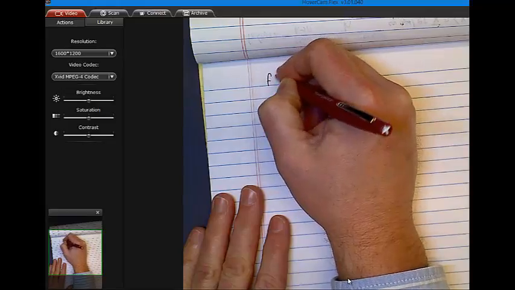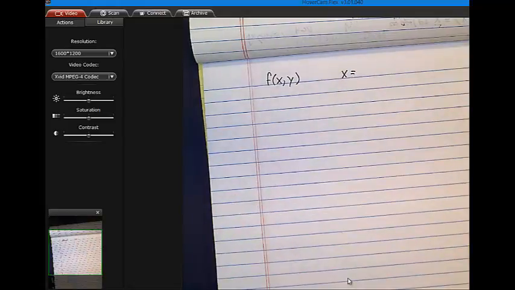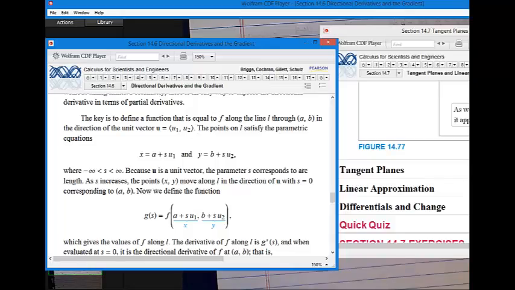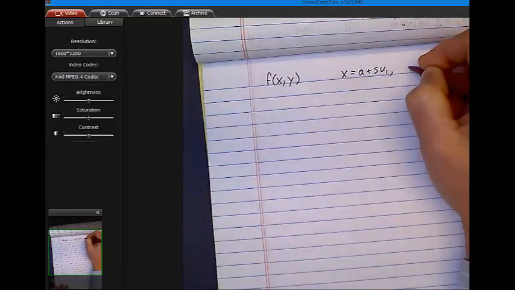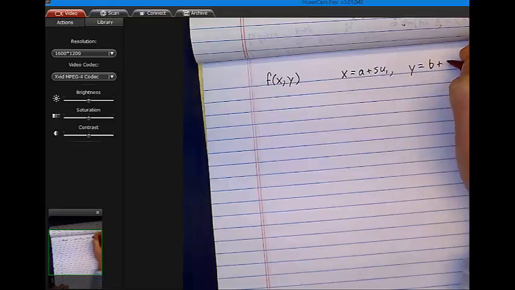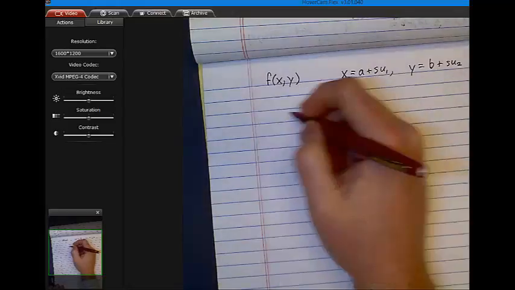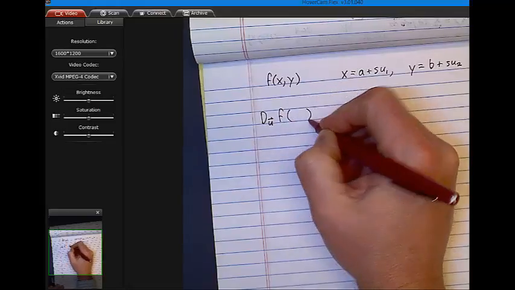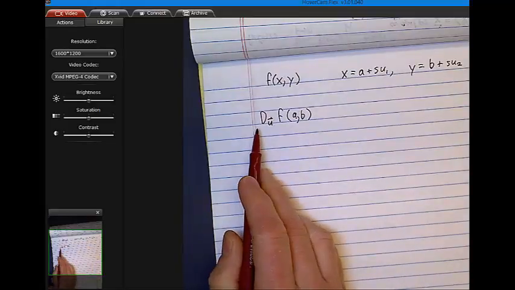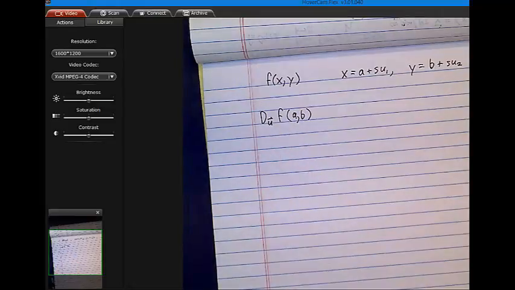Again, I have a function of x and y, but we're saying that x is a plus s u1, and y is b plus s u2. And what I'm going to do here is compute the directional derivative in the u direction at (a,b). That's what I'm going to compute.